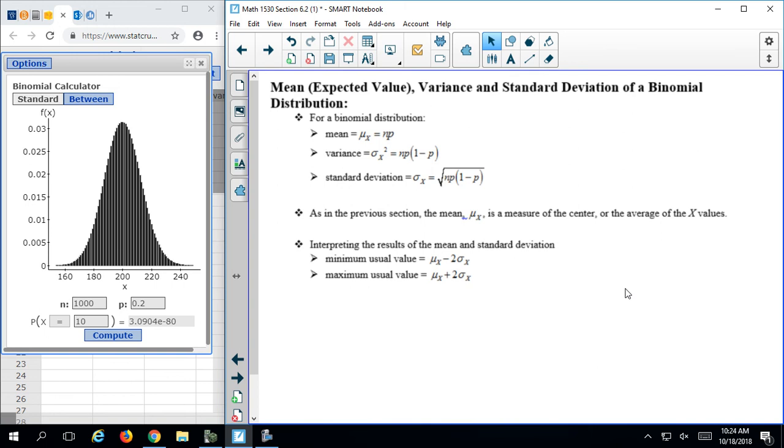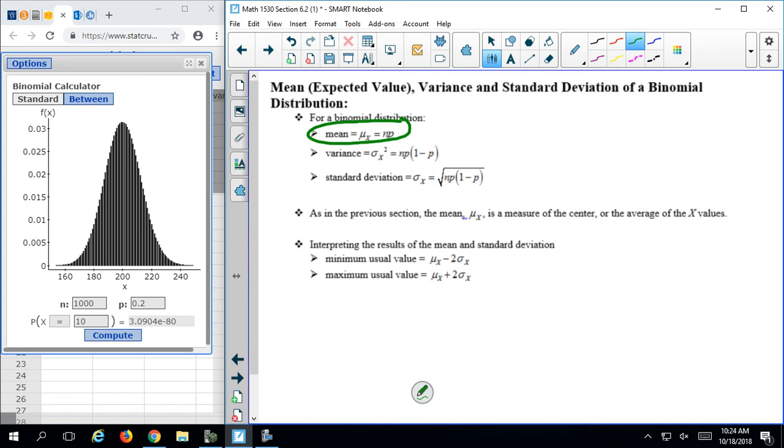If 80% of people have brown eyes, and you're going to pick 20 of them, you would expect 80% of your 20 to have brown eyes. Does that make sense? Yeah. So you multiply 80% times 20, multiply 0.8 times 20, you get 16. You would expect 16 out of 20 to have brown eyes. So the mean of a binomial distribution is just n times p.